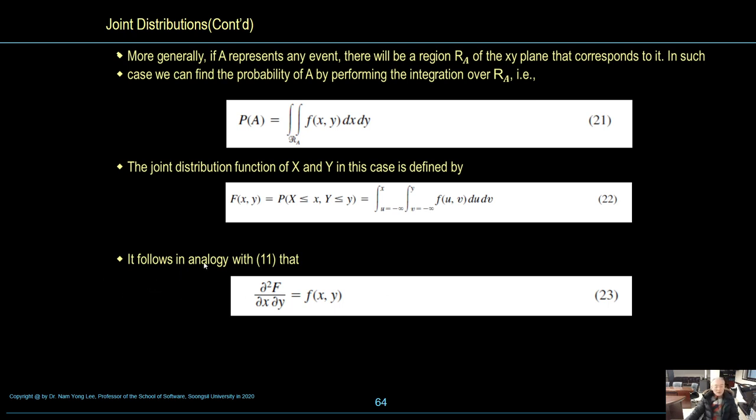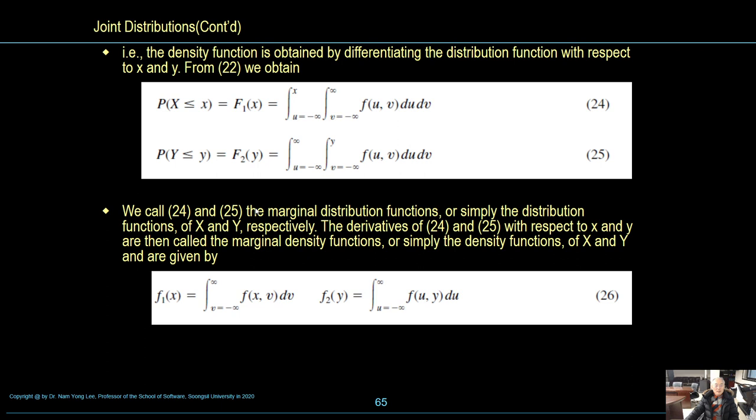It follows, in analogy with formula 11, that formula 23 holds. That is, the density function is obtained by differentiating the distribution function with respect to x and y.